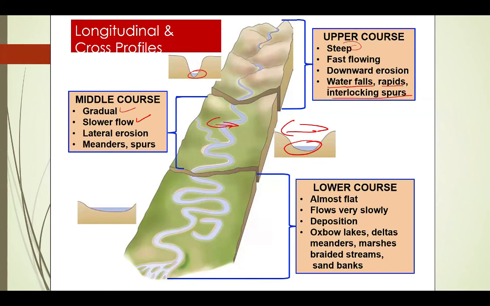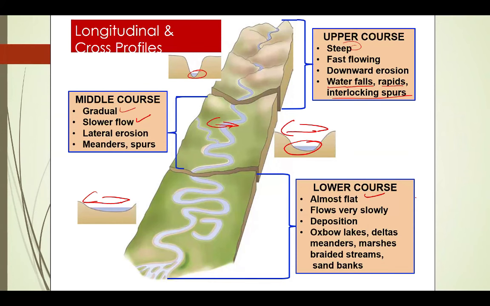And then we have the lower course. What is happening in the lower course? The river is almost flat. You can see it is almost flat.